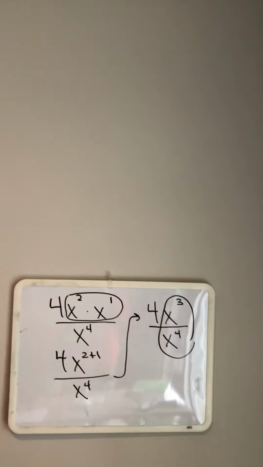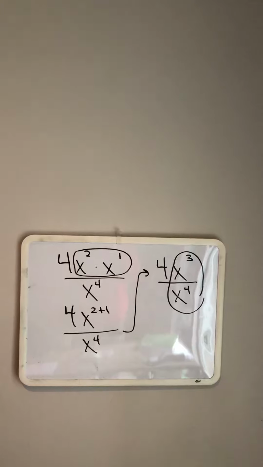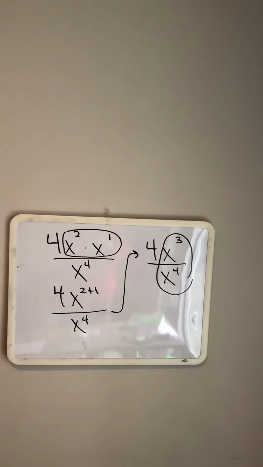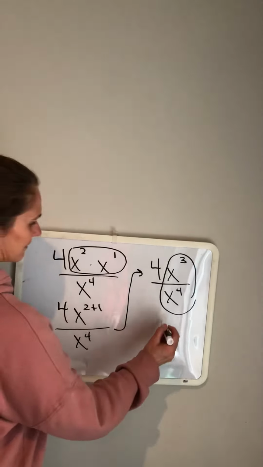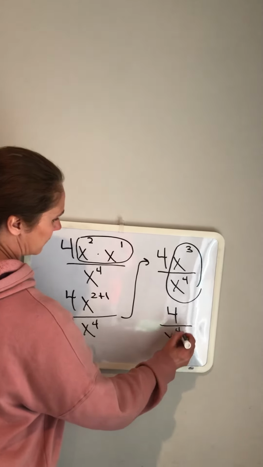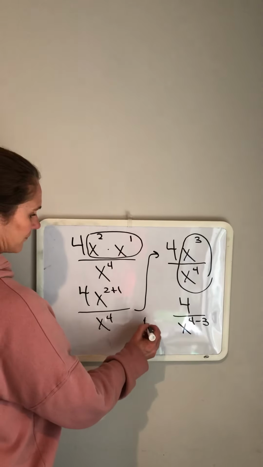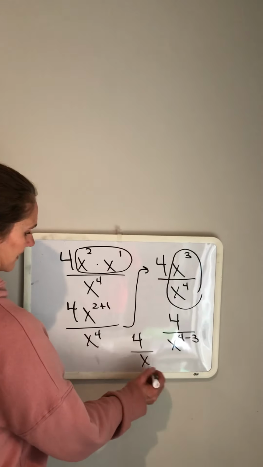This is when you subtract the powers. Always do larger power minus the smaller power and put it where the larger power is. So you have 4 over x to the 4 minus 3, and that gives you a final answer of 4 over x.